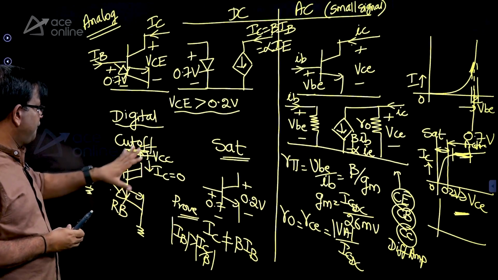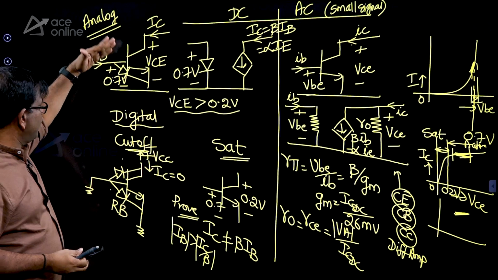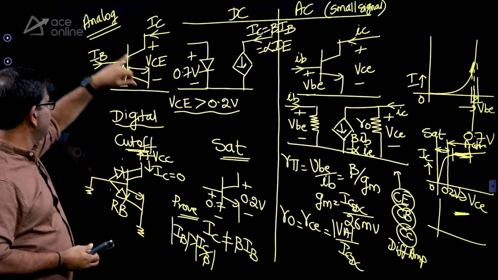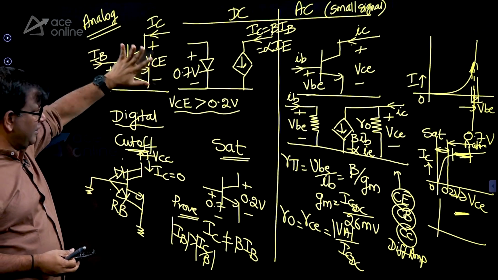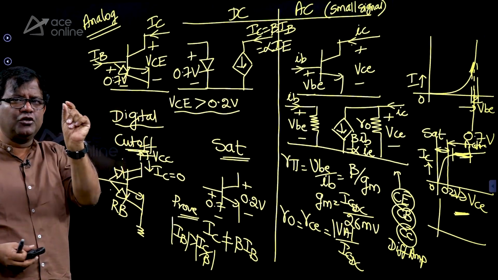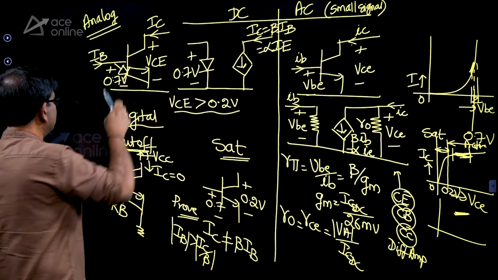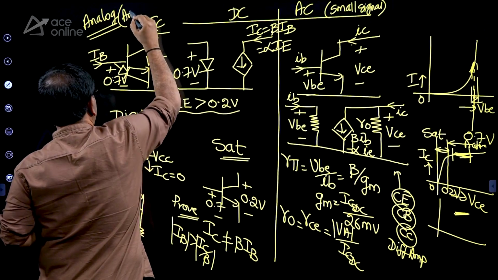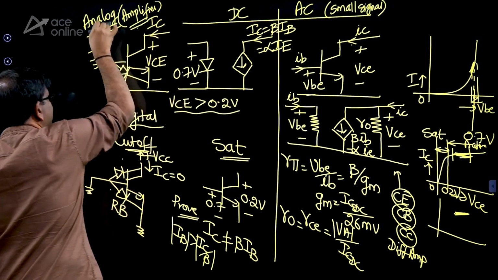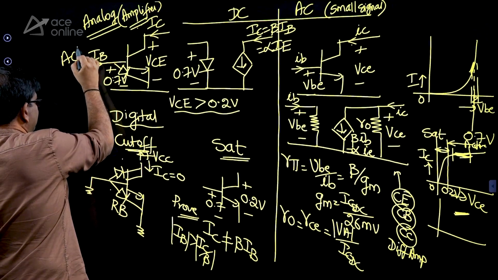So, if the examiner wants the region of operation, then it's a combination of both analog and digital, because three regions are there: cutoff, saturation and active. But generally, the moment the examiner uses the word amplifier, don't check all this, because in analog we build amplifiers. Examiner mentions the word amplifier, think that the device is in what region? Active region.